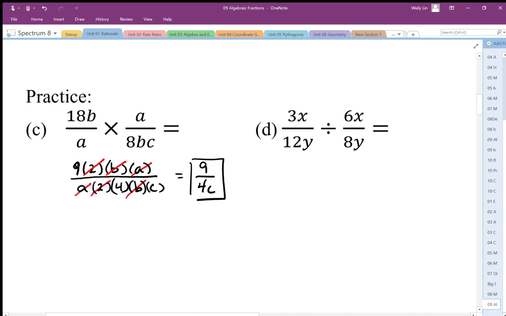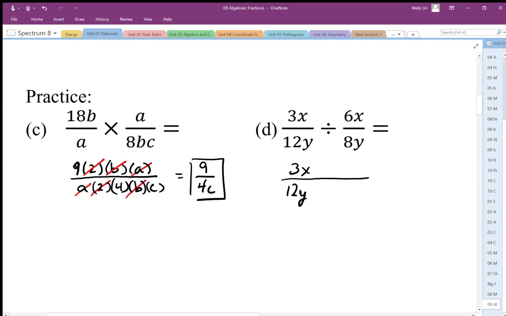For this one, at least we don't have times, we have divide. But again, we have no pluses, so this is all about times and divides. As long as I get my times and divides in the right spots, I'm okay. So this 3x is a times 3x. This 12y is a divide by 12y. I can see that there's a common factor of 6, but I'm just going to make sure I get everything in the right spot first.